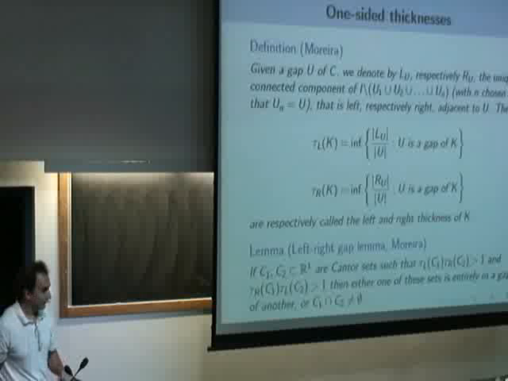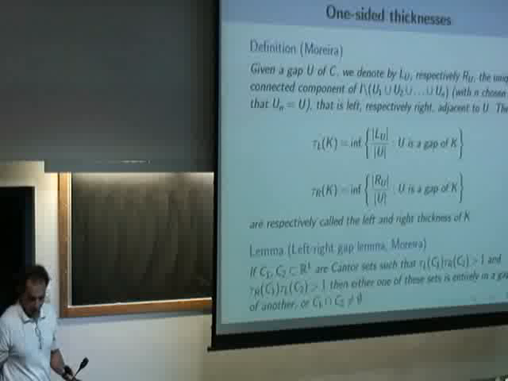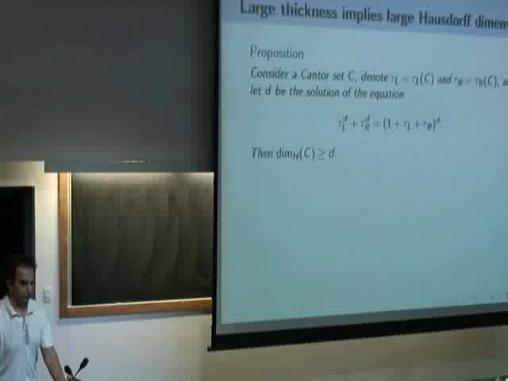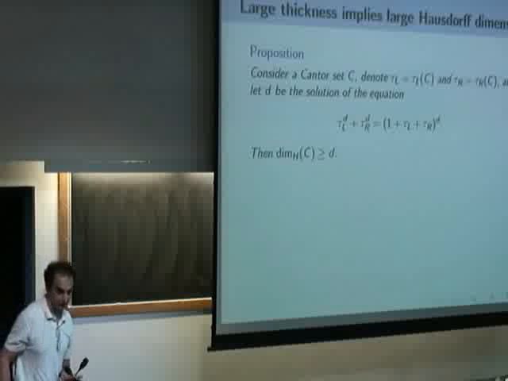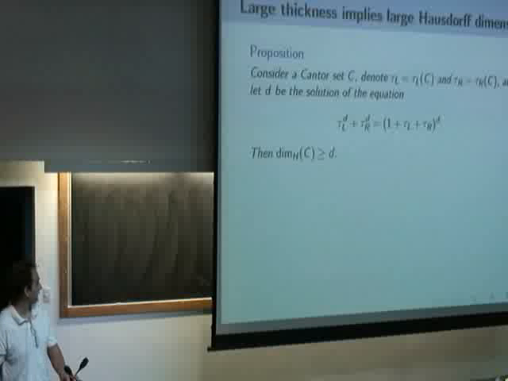But it turns out that you can improve the construction. You can tweak it here and there in such a way that you increase the Hausdorff dimension. In order to know how to tweak it, you need to know how to estimate the Hausdorff dimension if you know the left and right thickness. You have seen Moran's formula in the other course already, and this is, in a sense, an analog of that formula.